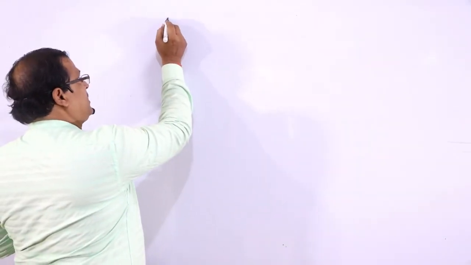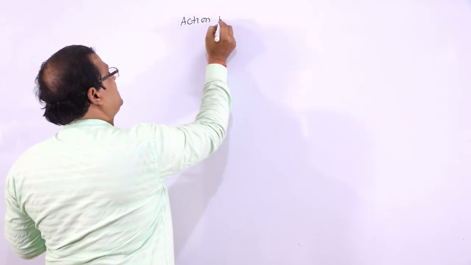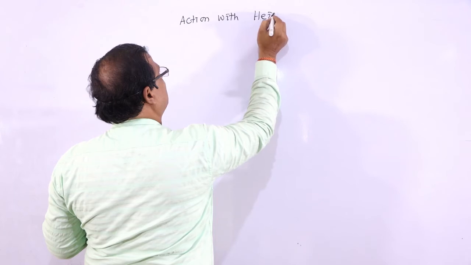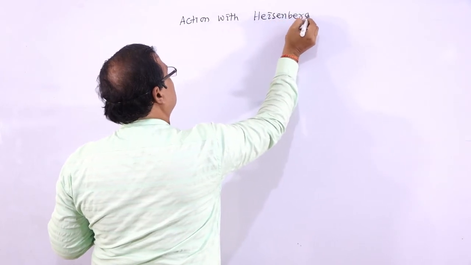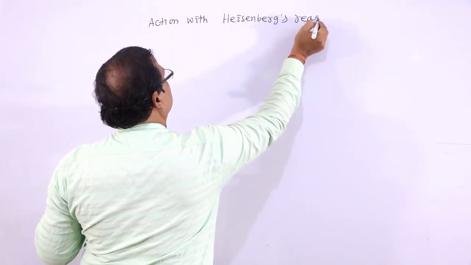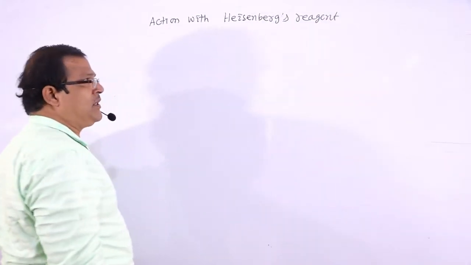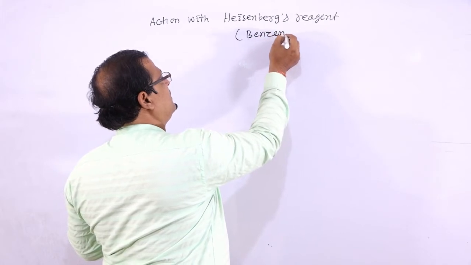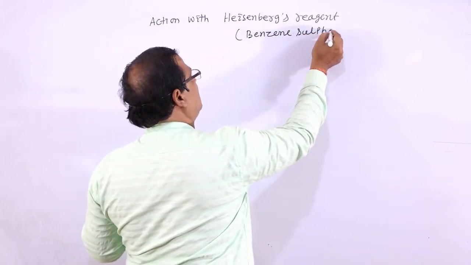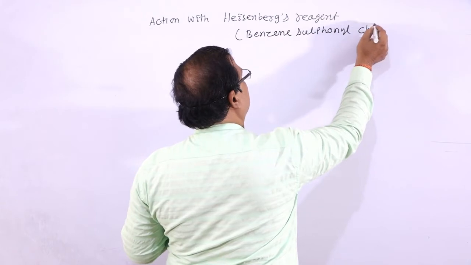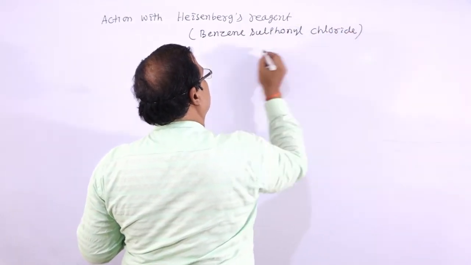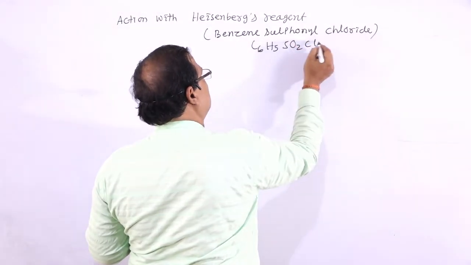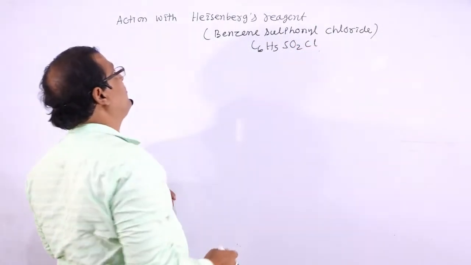Next one is the action with Hinsberg's reagent, that is benzene sulfonyl chloride, C6H5SO2Cl.